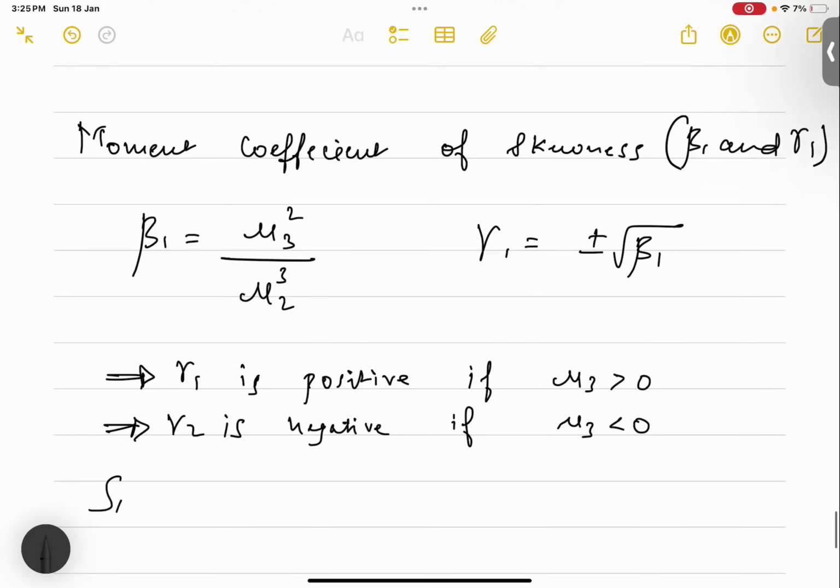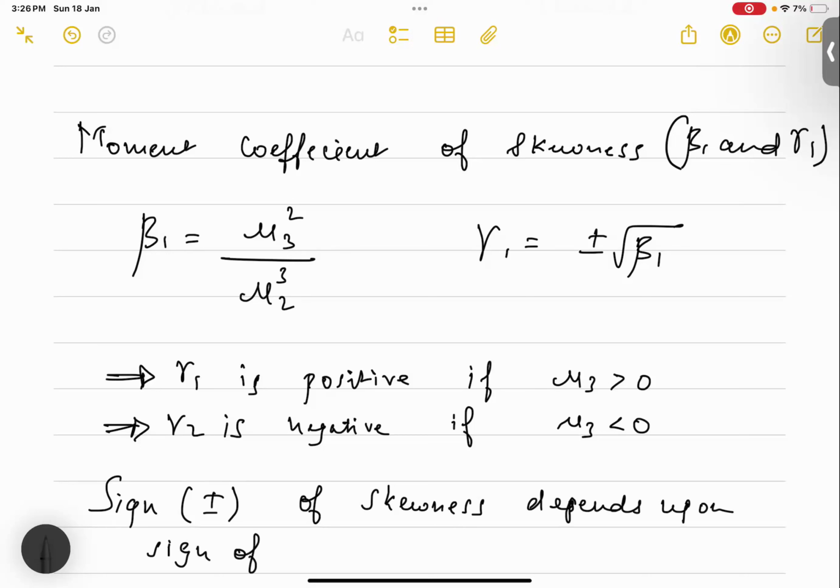Sign of skewness, sign means positive, negative, depends upon the sign of mu 3, the third central moment.